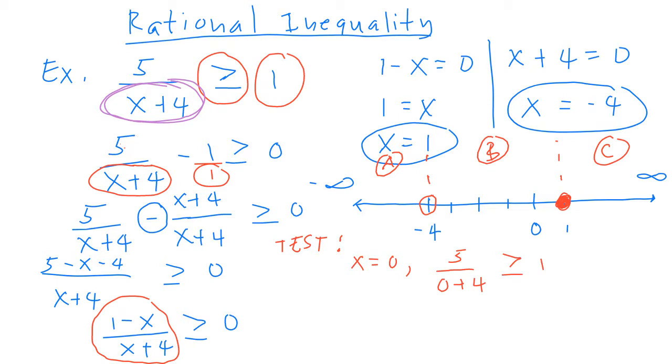So just plugging in the value for x, which is 0, as our test value. So now we can evaluate 0 plus 4 is 4. So 5 over 4, is it greater than or equal to 1? And the answer is true, right? The answer is true.